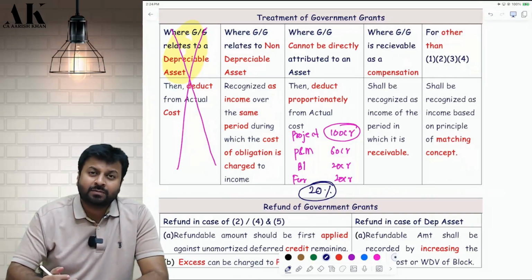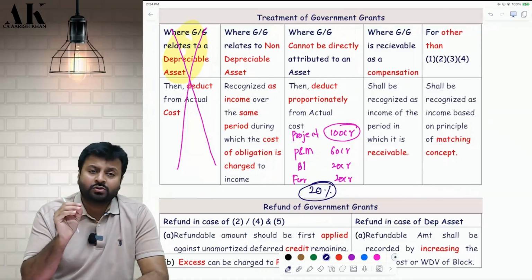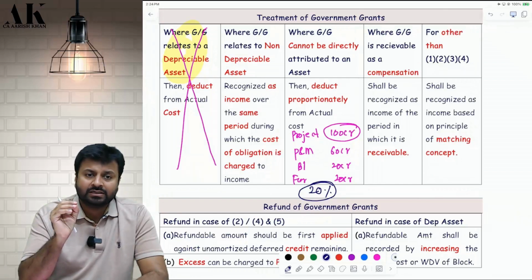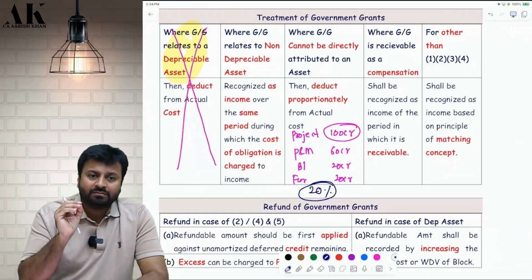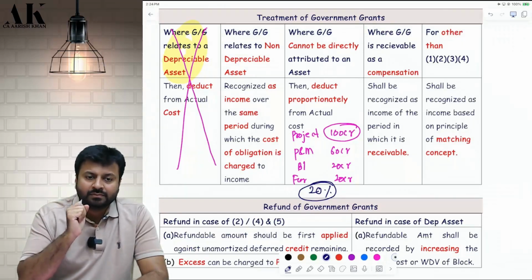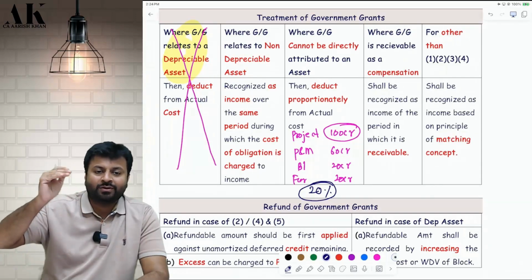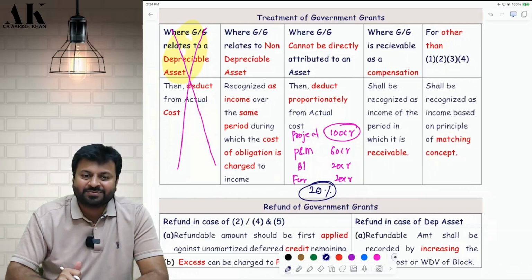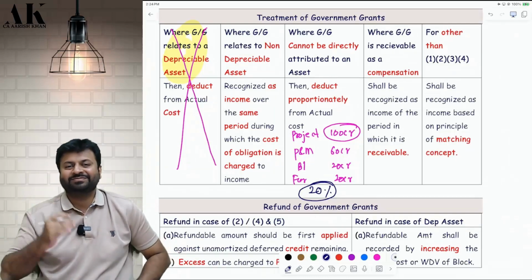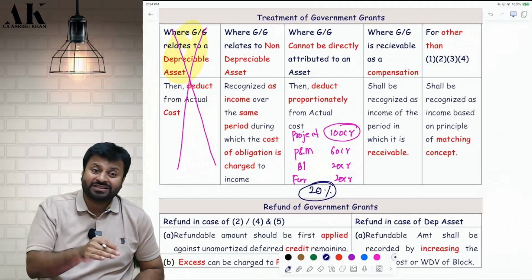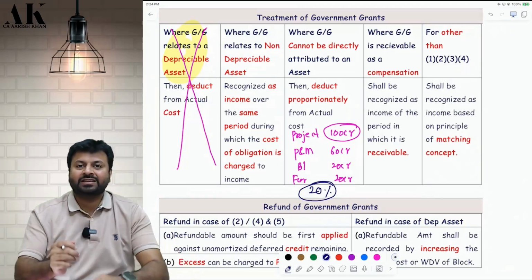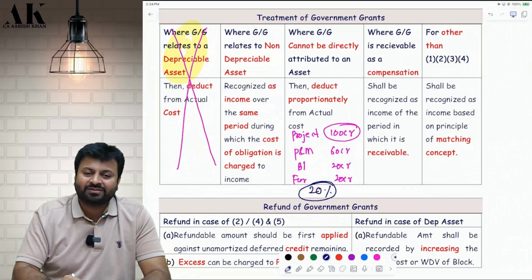Now what assessee does? He tries to play smart and he tries to reduce 20 crore from where? Directly from say building or furniture. He does not want to reduce 20 crore from plant and machinery. The reason is very simple, because plant and machinery is depreciable at 15%. And he does not want to reduce the higher rate depreciation wala asset. Are you able to understand or not? So he's trying to play smart.